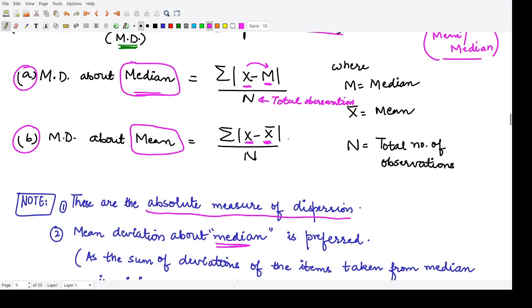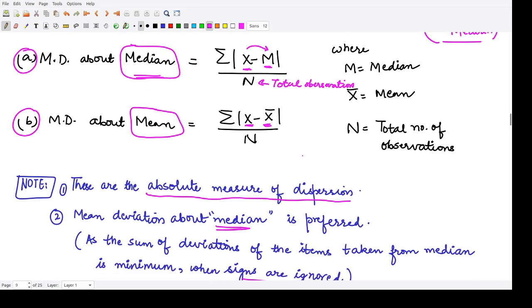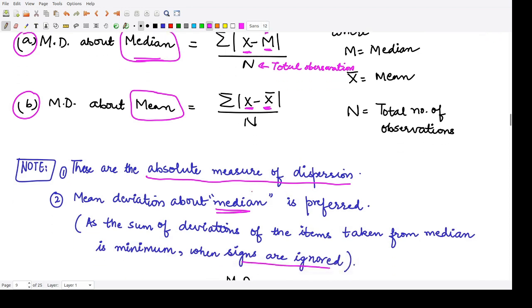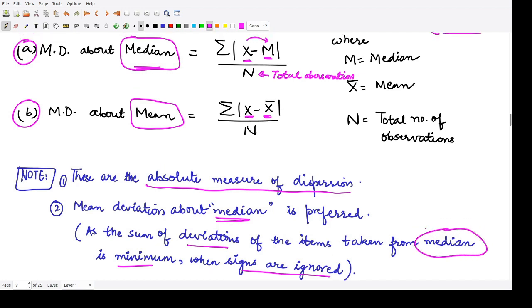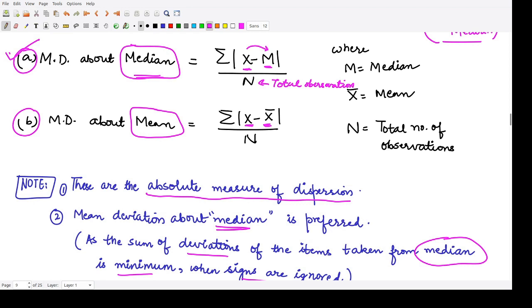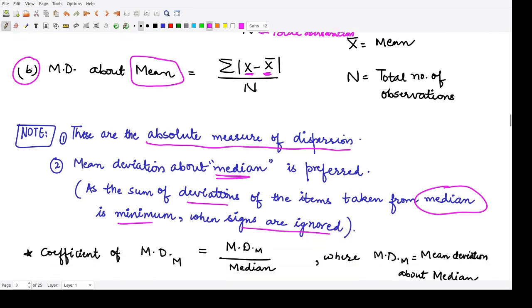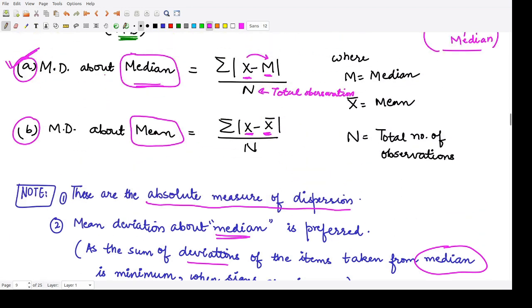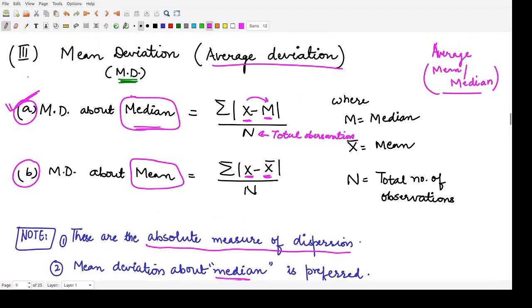So we are only taking the mod values, the positive values. So for that case, the dispersion is minimum when we take the deviations about median. So that means of these two formulas, the first formula is preferred in most of the cases. So this is the absolute measure of dispersion that we have, mean deviation.